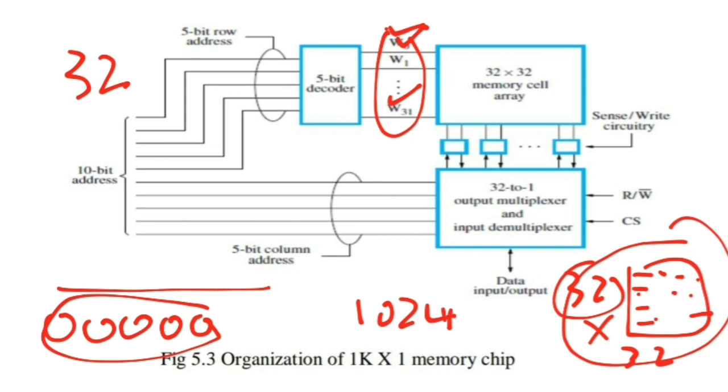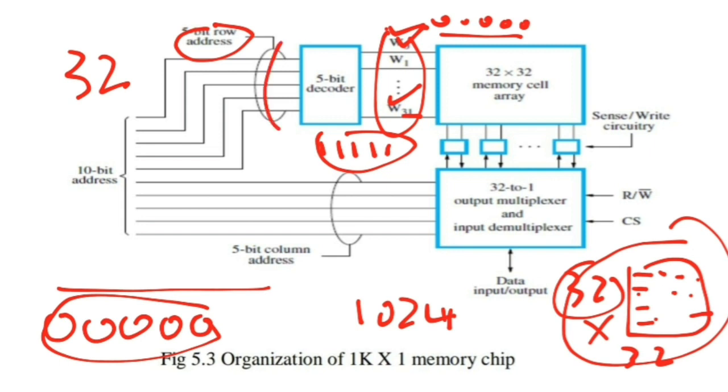For indicating each row I'll have the binary equivalent, 0 0 0 0 0, five bits, because for indicating 31 the binary equivalent is five ones. So I need 5 binary values. I'll take in a 5-bit row address, like 0 0 0 0 0 for the first row, or any other binary equivalent for the particular row.